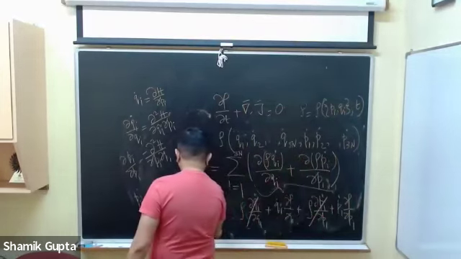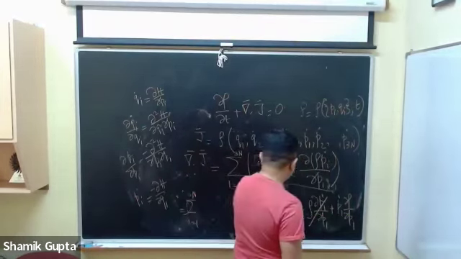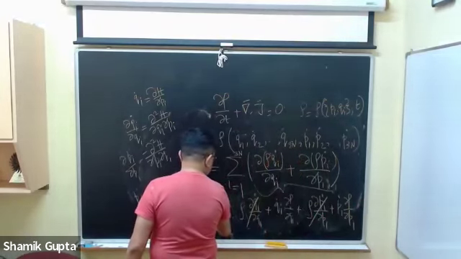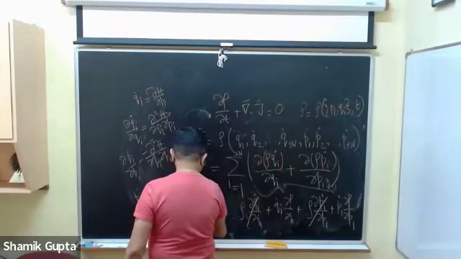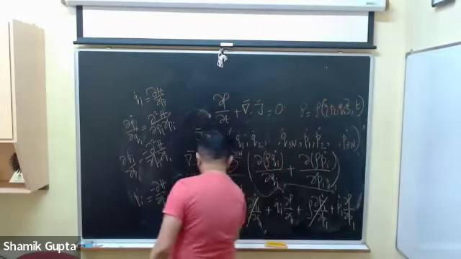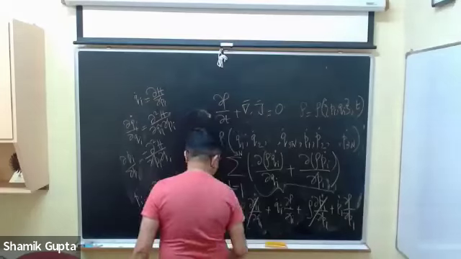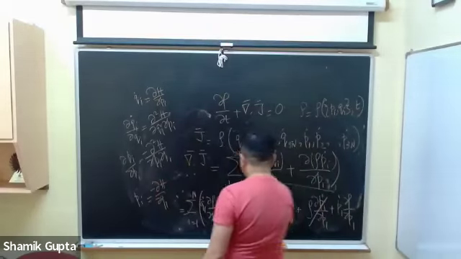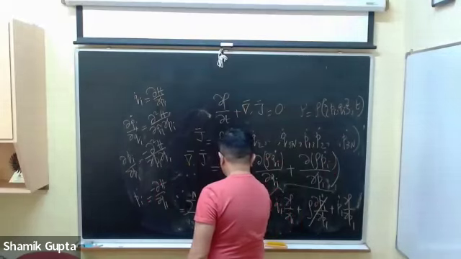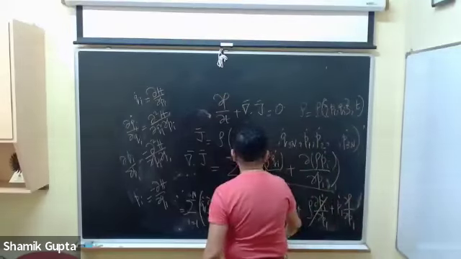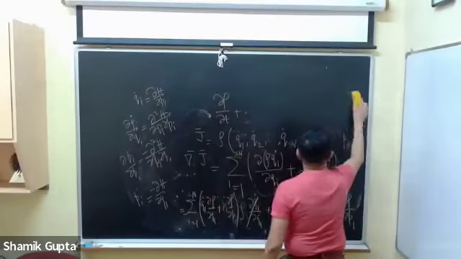I will be left with q_i dot del rho del q_i plus p_i dot del rho del p_i. Therefore, this equation now looks like this.